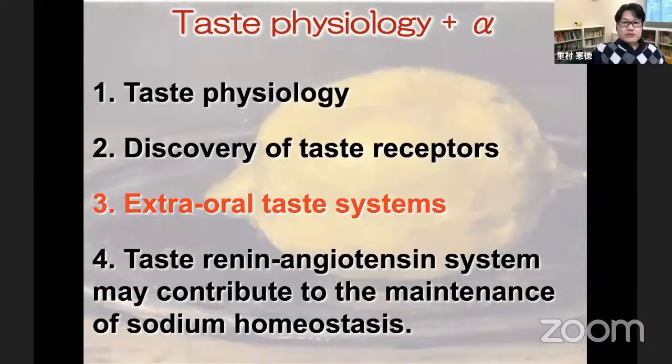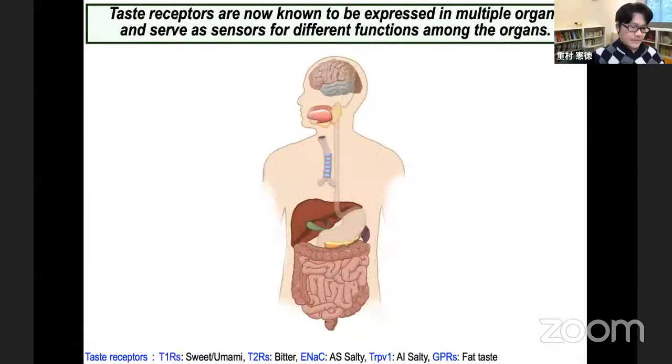The topic 3, extraoral taste system. Surprisingly, taste receptors are now known to be expressed in multiple organs and serve as sensors for different functions among the organs.